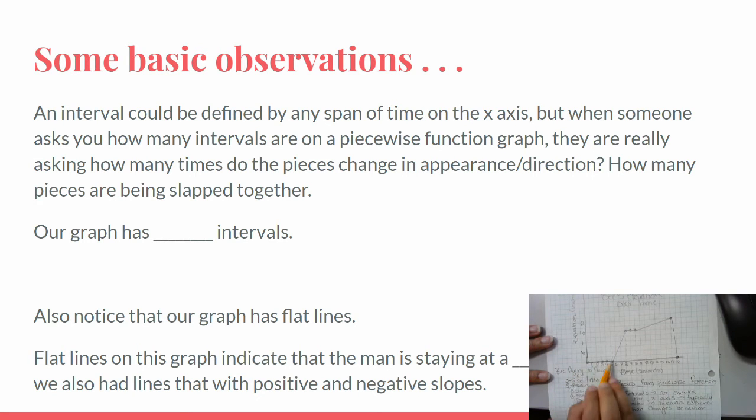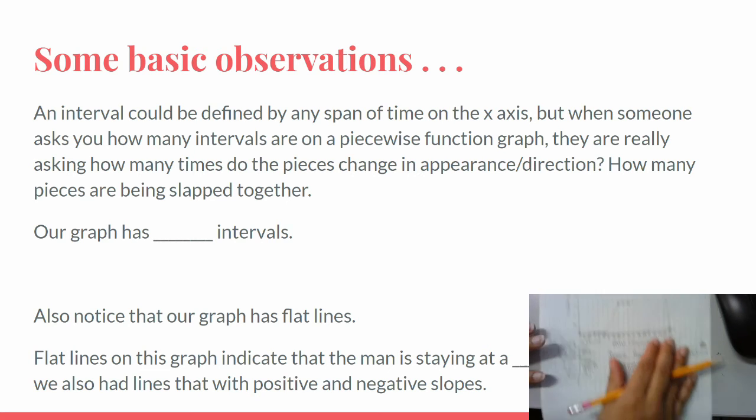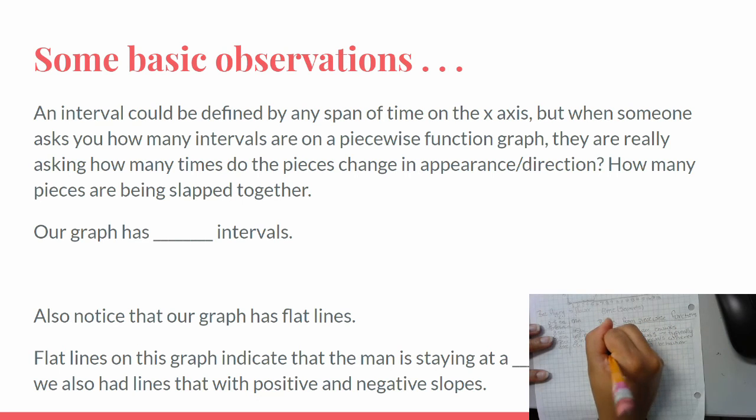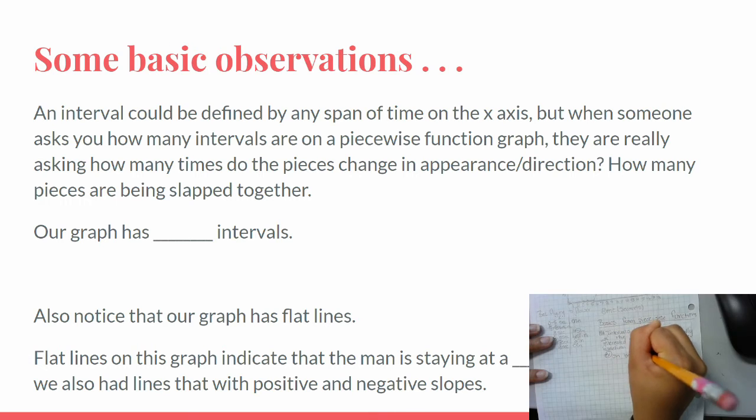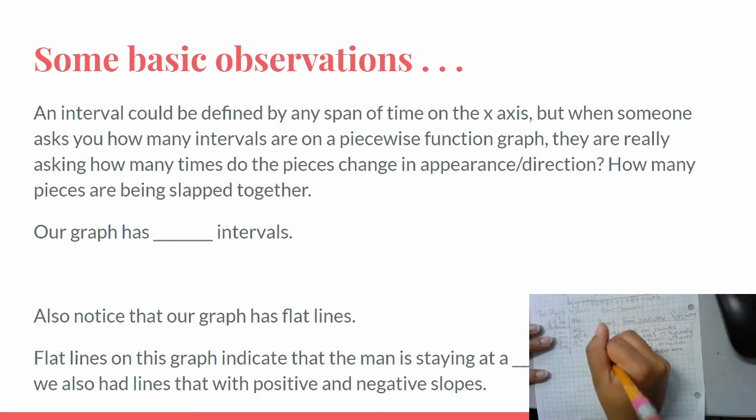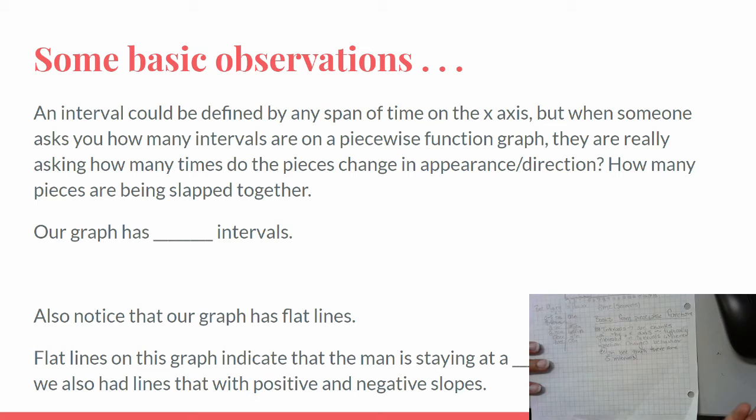So when we're talking about intervals we're interested in, we're just talking about where does the graph kind of change behavior and where is it different. So there's 1, 2, 3, 4, 5 intervals on our example graph. And that's what you're kind of going to be going for when Eureka asks you how many intervals a graph has.